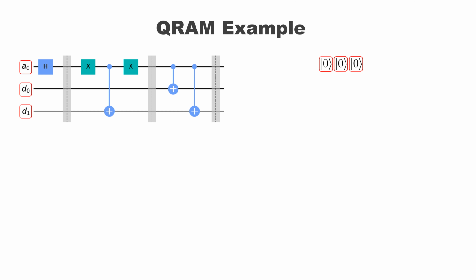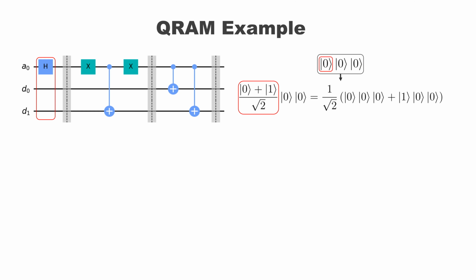Now we combine the 2 considered quantum circuits and apply a Hadamard gate to the address qubit in the beginning. The first qubit will be used for the address encoding, and the next 2 qubits for the data. The initial state of each qubit is 0. First, we prepare a uniform superposition of the address qubit by applying a Hadamard gate.